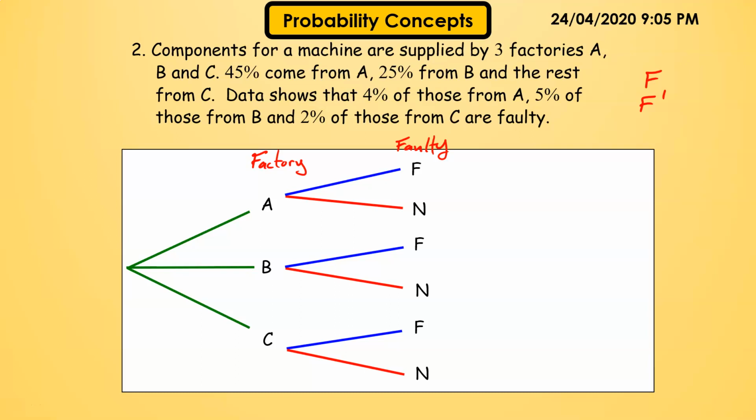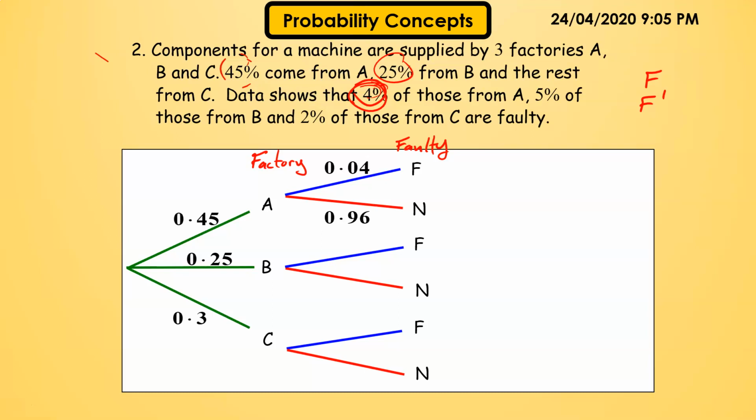So now that I know that, then what we can do is start putting in the probabilities. So A we know is 45%, B is 25%, C is the rest. So if we add those together, we get 0.7. So it must be that it's 0.3 for factory C. Now, second of all, we know that 4% of the components from factory A are faulty, meaning that there's 96% that are not faulty.